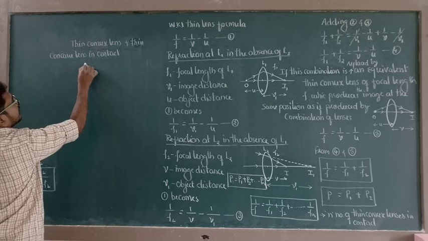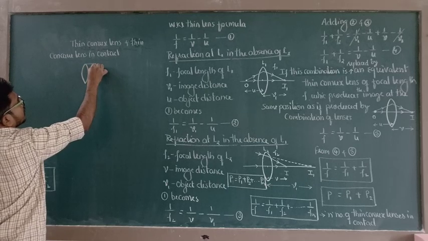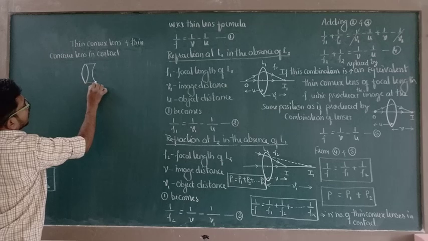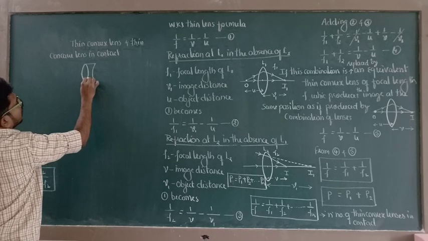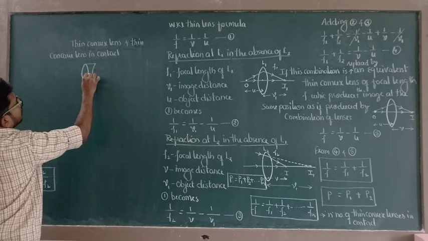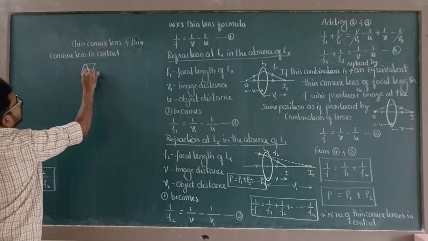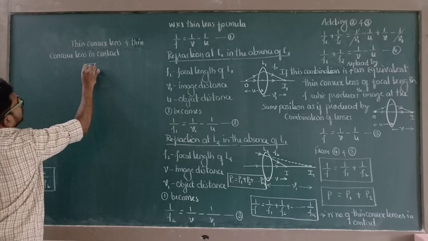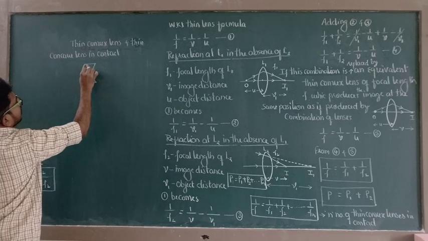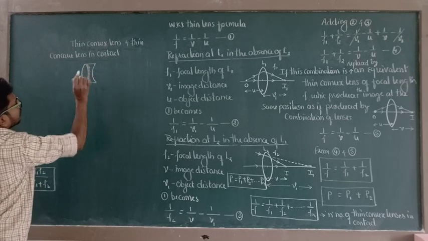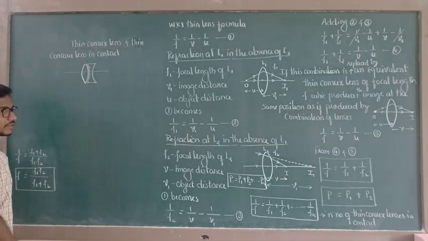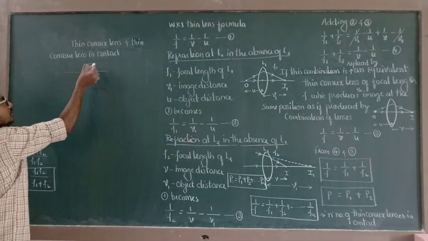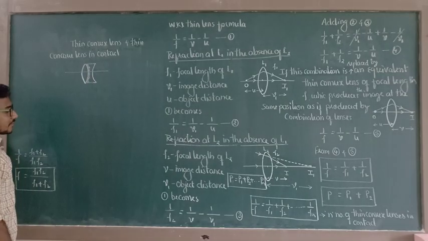So this is the convex lens, and this one is the concave lens. We know that focal length of a convex lens is in terms of positive sign and focal length of a concave lens is in terms of negative sign.